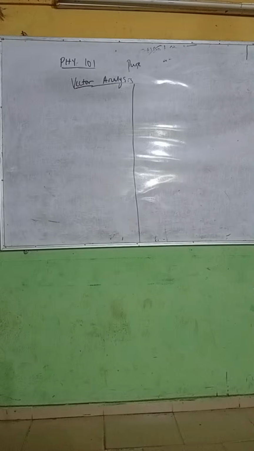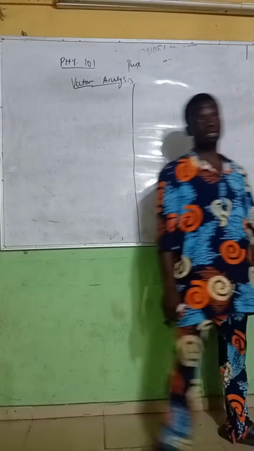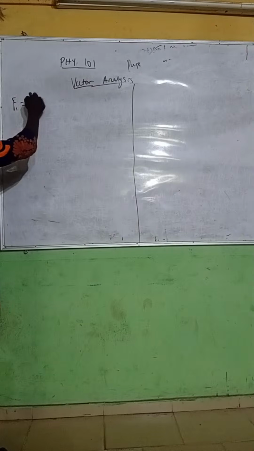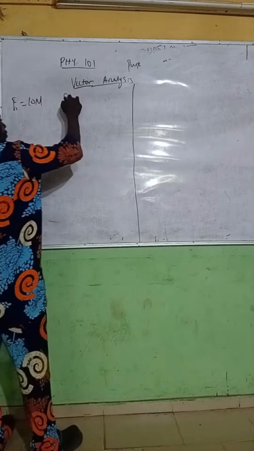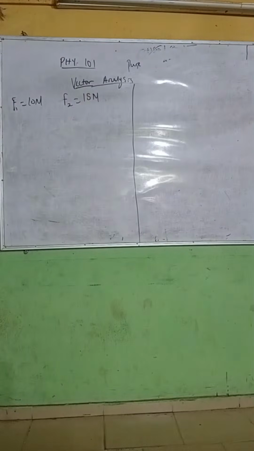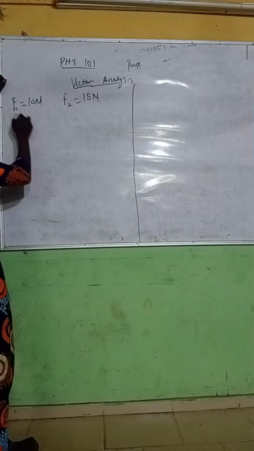Two boys pull a dog with forces 10 Newton and 15 Newton. F1 equals 10 Newton, F2 equals 15 Newton, inclined at 60 degrees to each other.